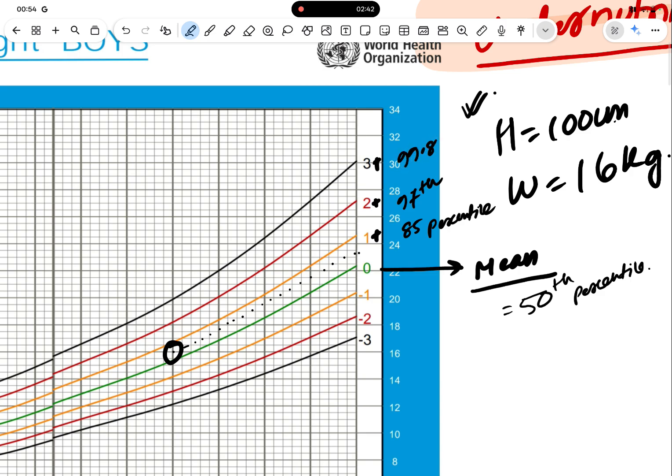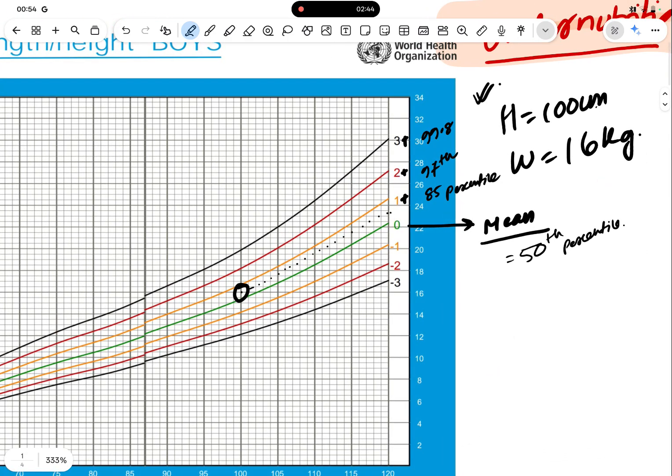So what does this percentile mean? It means, suppose in this example, the weight for height is falling between 0 and plus 1 standard deviation. So it is more than 50% of the population of the same age and sex.